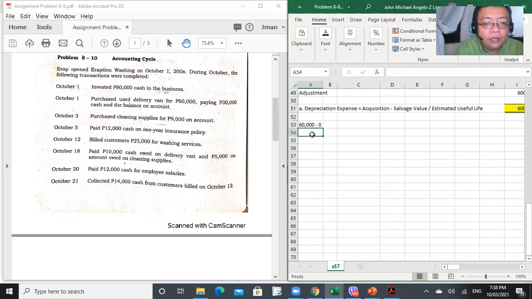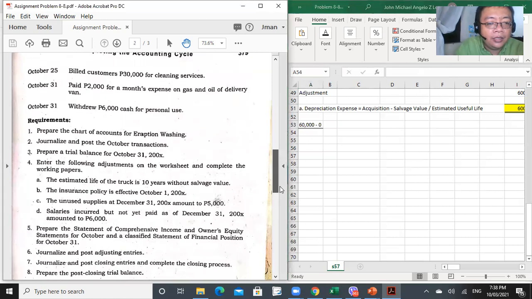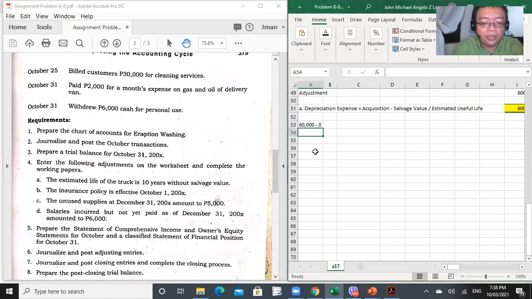The useful life of the asset is basically 10 years. So divided by 10 years, meaning you have a 6,000 depreciation.